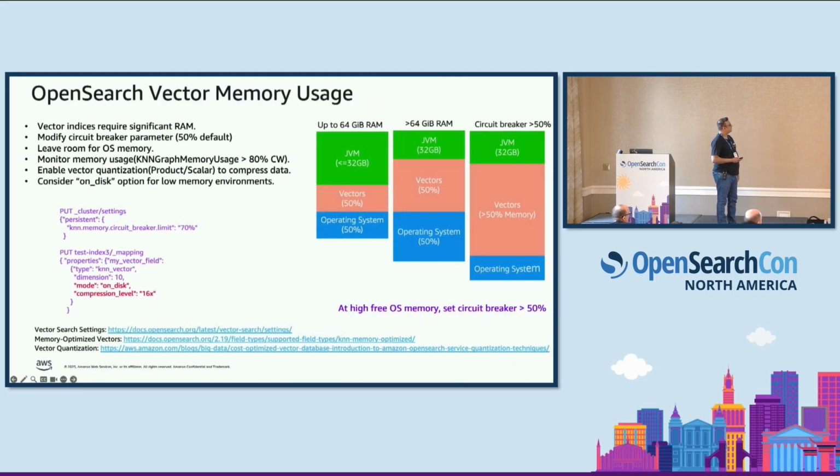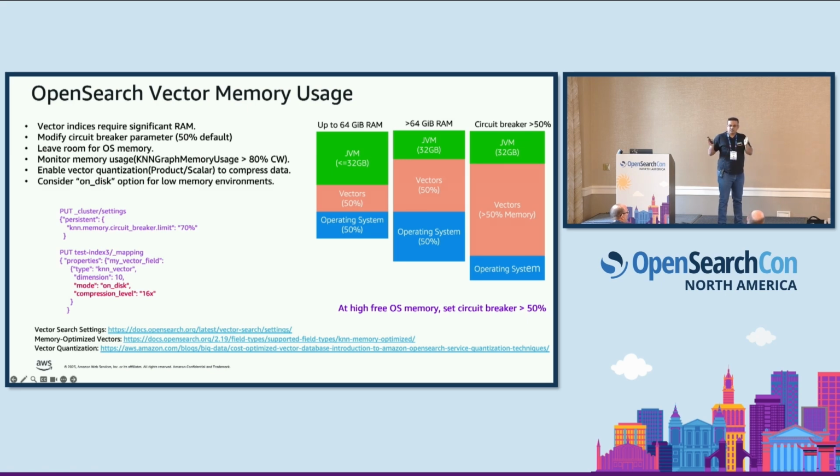Now, some quick tips. Vector search needs memory for in-memory vector search from a performance perspective. There's a parameter called the KNN memory circuit breaker. By default, it's set to 50%. However, if you have systems with a large amount of memory, for example a 132 gigabyte system, 32 gone for JVM, the rest 100 gig is there.